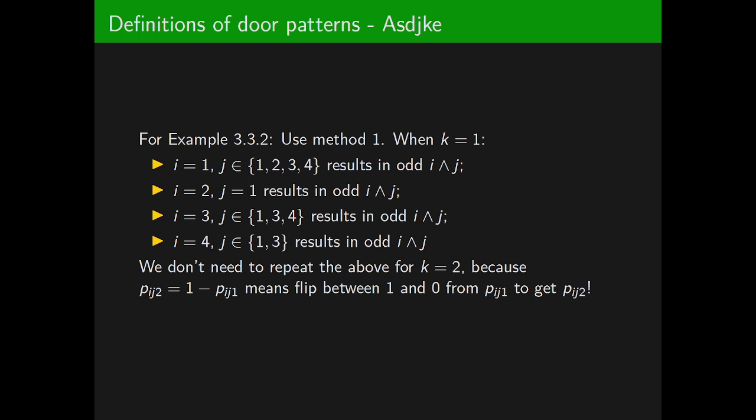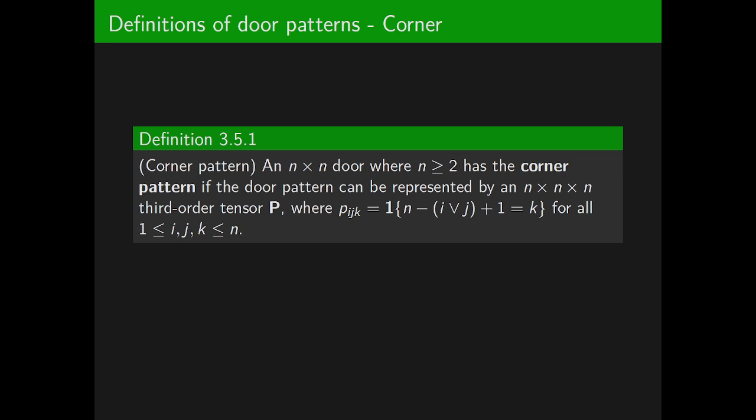It's just flipping between 1 and 0. So get smarter, I guess. We don't have to repeat this entire process for k equals 2, because once we use k equals 1, you just flip between 1 and 0 and you immediately get Pij2. So that's how you deduce the pattern, and now we go on to corner pattern.